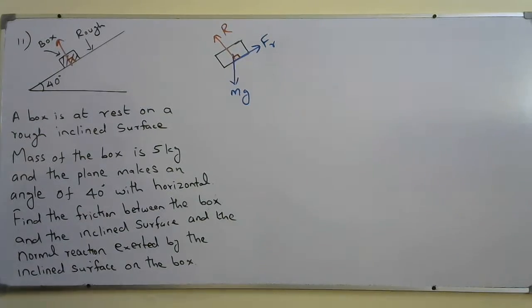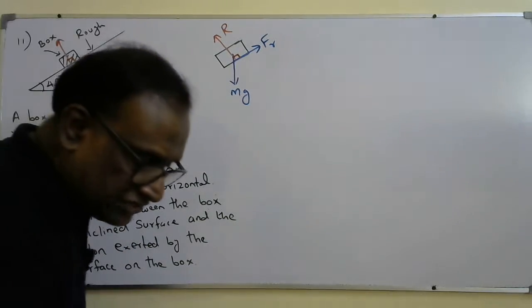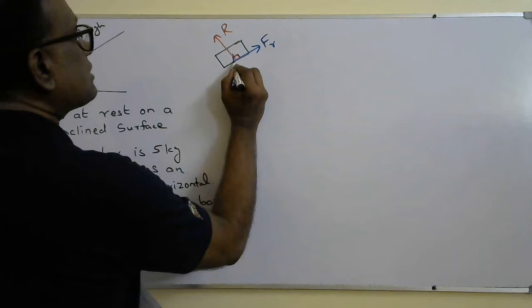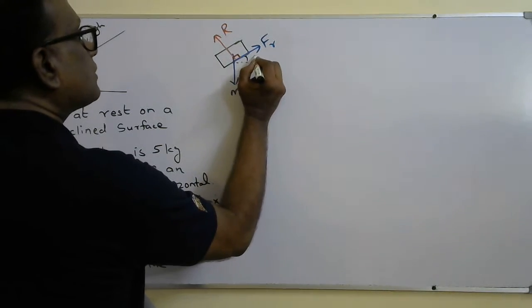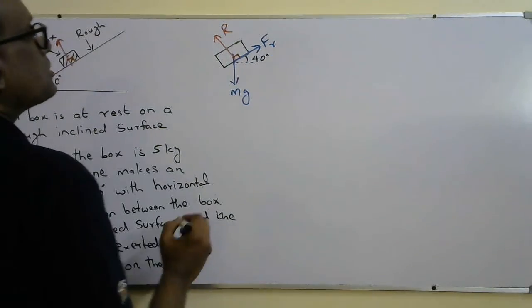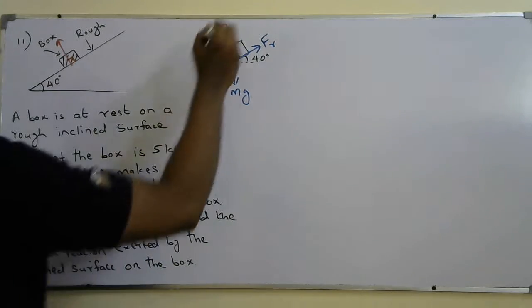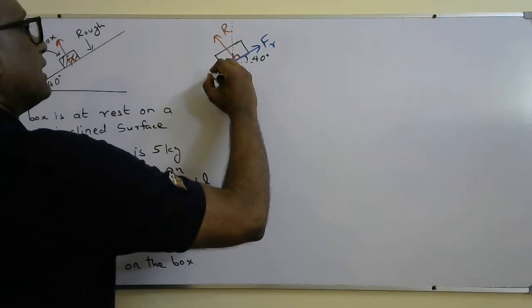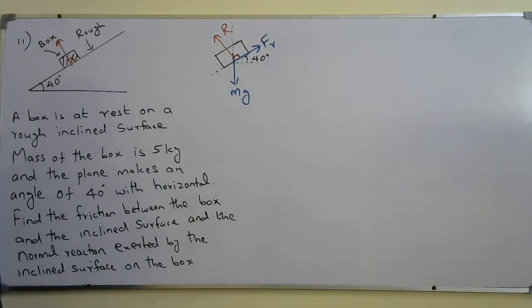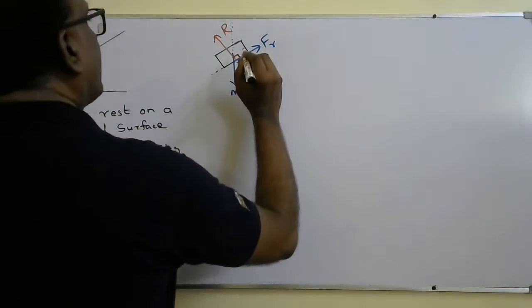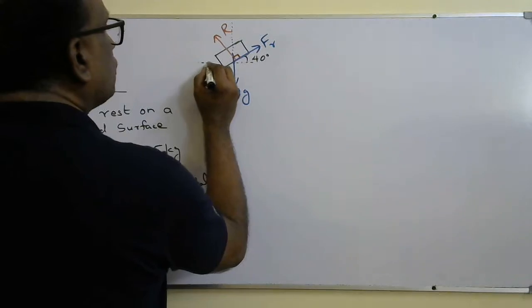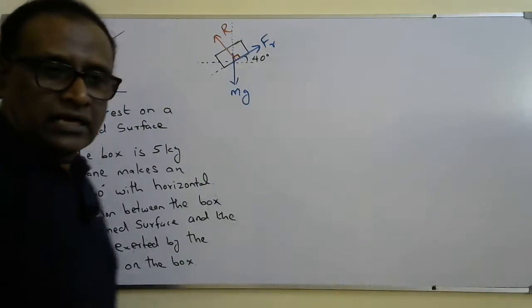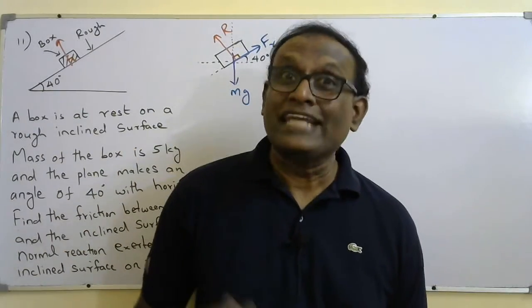Okay, so here the angle is 40 degree. So if I extend this line and extend this line, normally students think the resultant force equals 0 in any direction.